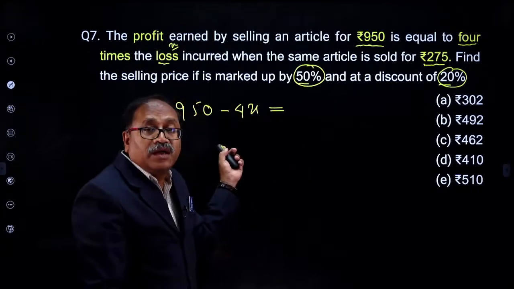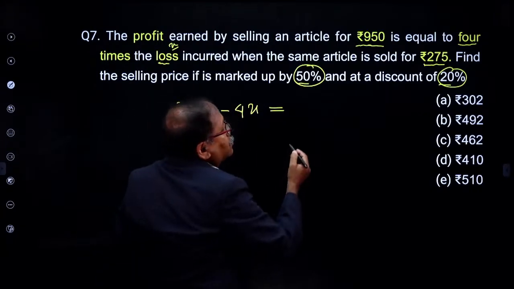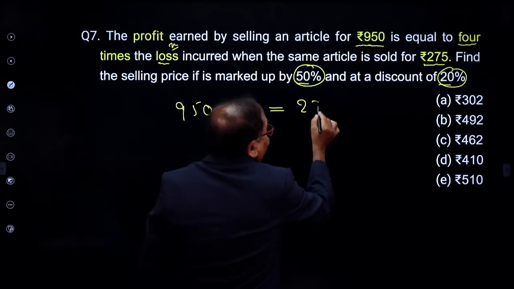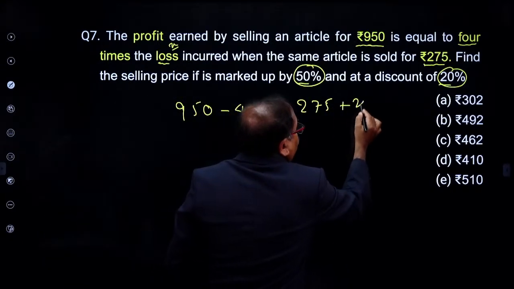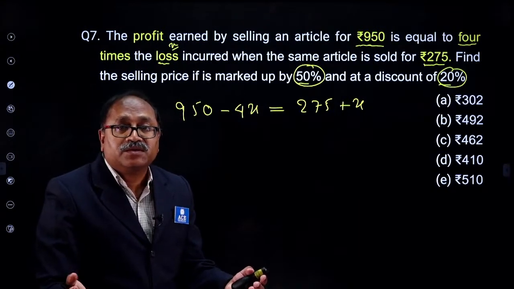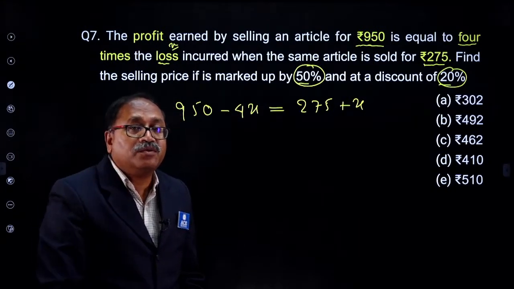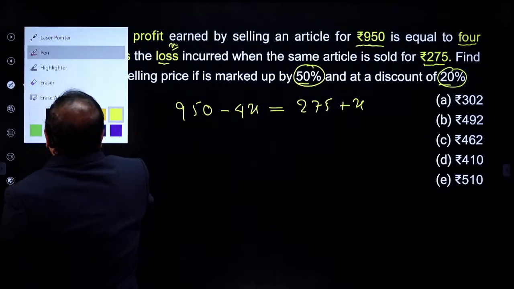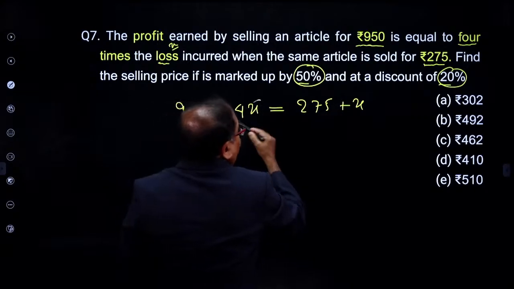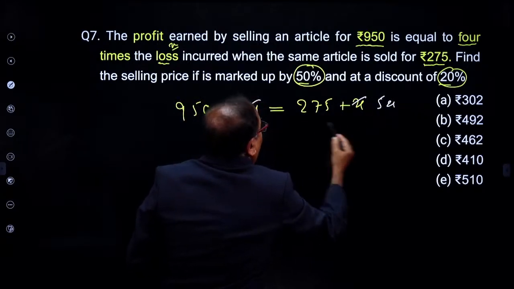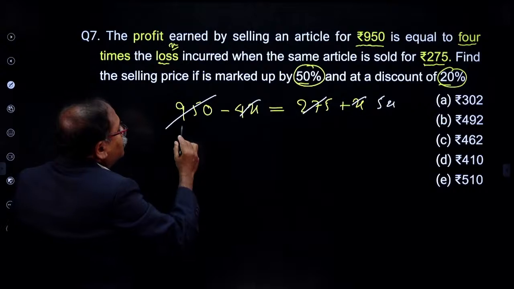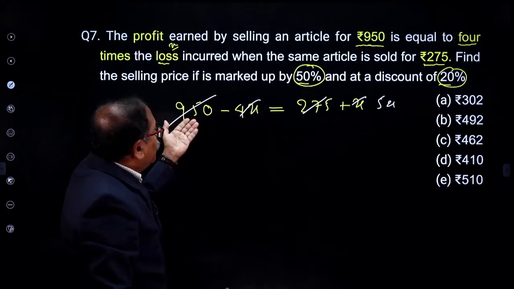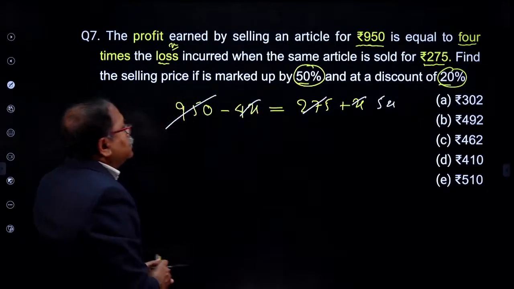So left hand side is cost price, right hand side is also cost price. 275 plus X, both are cost price. You are getting the X value, from there you will be getting the cost price. So did you notice that here 4x and then it becomes 5x here, and this number is getting cancelled over here. So if I take out the 300 from here, then 650 and add 675.